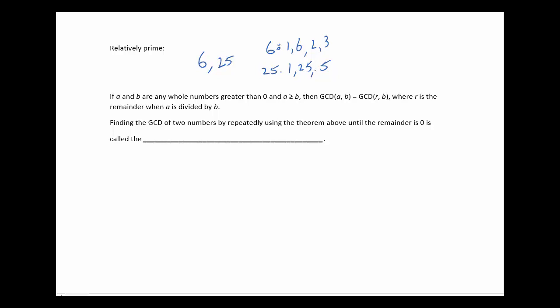So what this means is we're going to take two numbers, divide, look at the remainder, and the greatest common divisor of the remainder and the second number would be the same as the greatest common divisor of the original two numbers. This particular process is called the Euclidean algorithm.